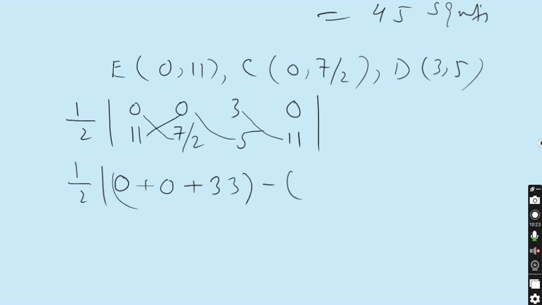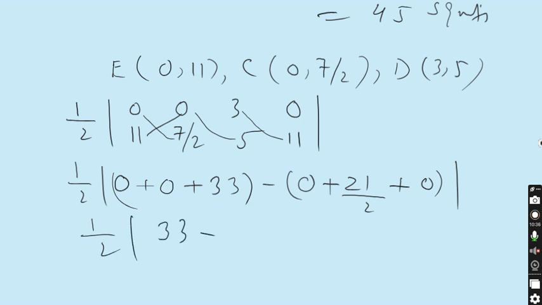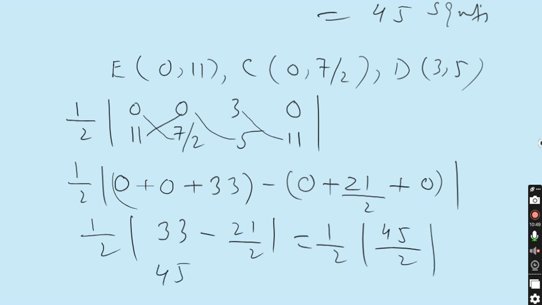Minus, 11 into 0 is 0, plus 7 upon 2 into 3 is 21 upon 2, 5 into 0 is 0. 1 upon 2 times 33 minus 21 upon 2 is 45 upon 2, which is 45 over 2 twos are 4, so 45 upon 4 square units.